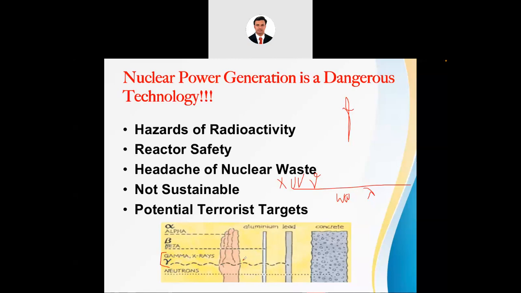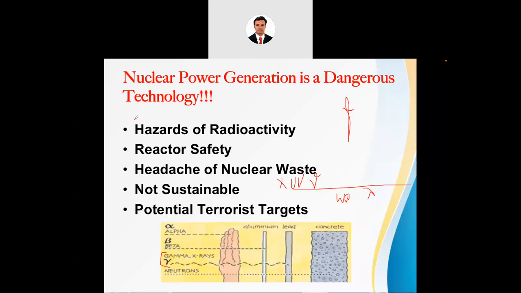But when gamma rays or X-rays pass through your body, because they contain very high energy, they damage the cells of the particular organ, and because of that they are dangerous to the human body, to plants, and to the soil.